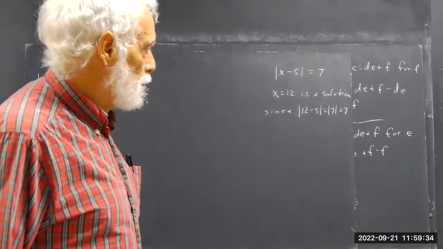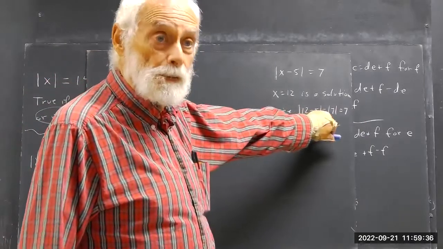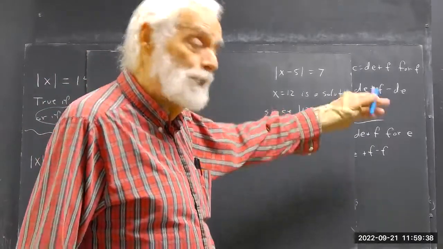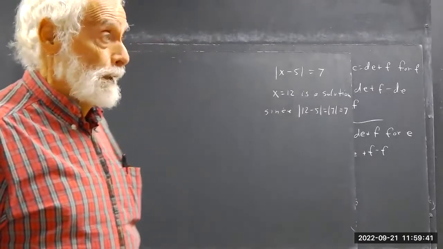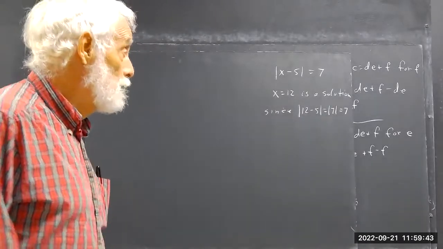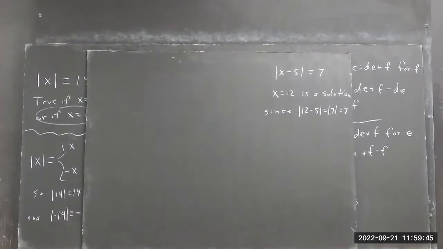Absolute value of 12 minus 5 is the absolute value of 7, since 12 minus 5 is 7. You did that in your head, and everybody got it. Okay, now how many of you have a second number that satisfies the equation? Not everybody. Okay.